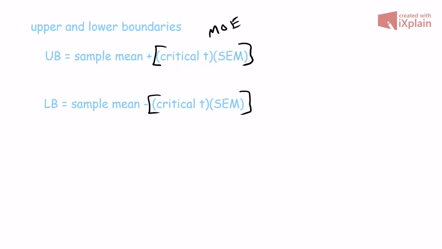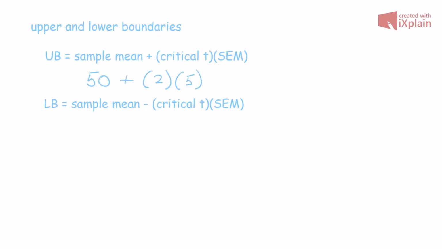So in order to compute a confidence interval, you simply take the sample mean and you add to it the margin of error, or you subtract from it the margin of error. Let's just do a quick example. Let's say that I took a sample and the mean from that sample was 50.